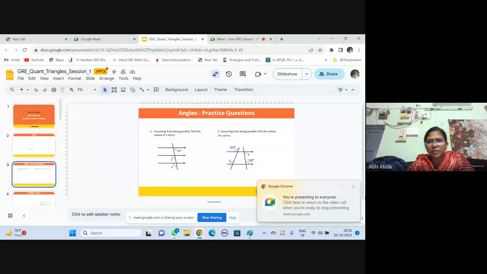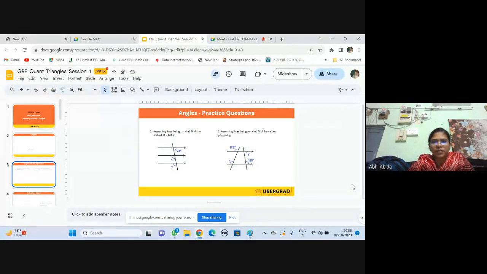Is my screen visible? If it is visible, then you can see the second question on the screen.